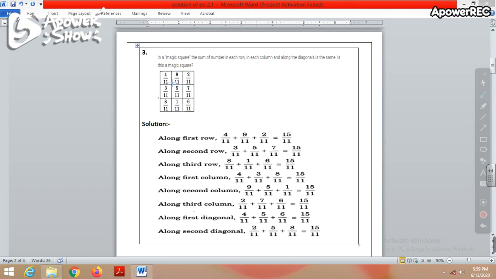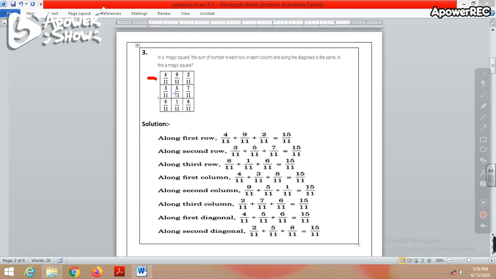So first of all, I am finding the sum of numbers along my first row. This is my first row, and the numbers are 4 by 11, 9 by 11 and 2 by 11. So just find out the sum of 4 by 11, 9 by 11, 2 by 11.